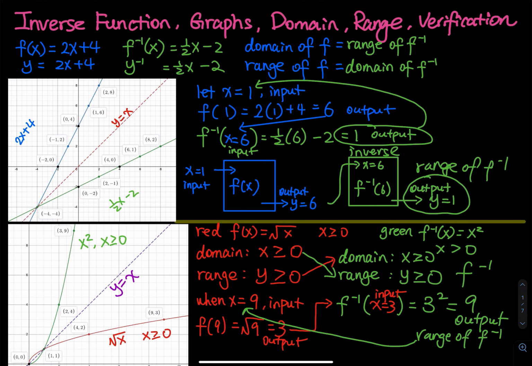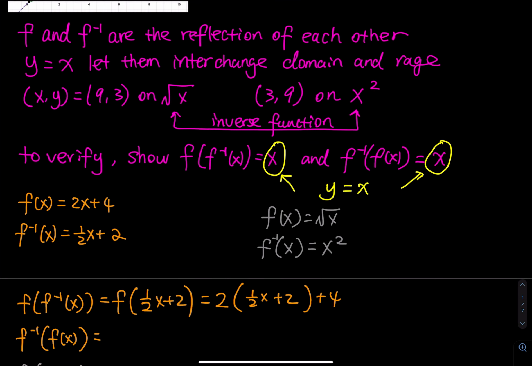Did I do this right? 2x plus 4, 1/2 x minus 2. This is supposed to be a minus 2. If I have a plus 2, that is not equal to x. Before I erase that, do we agree that if this is a plus 2, we are not going to get x, we are going to get 4x plus 4, right? So change that to minus 2 because that's what I gave you.